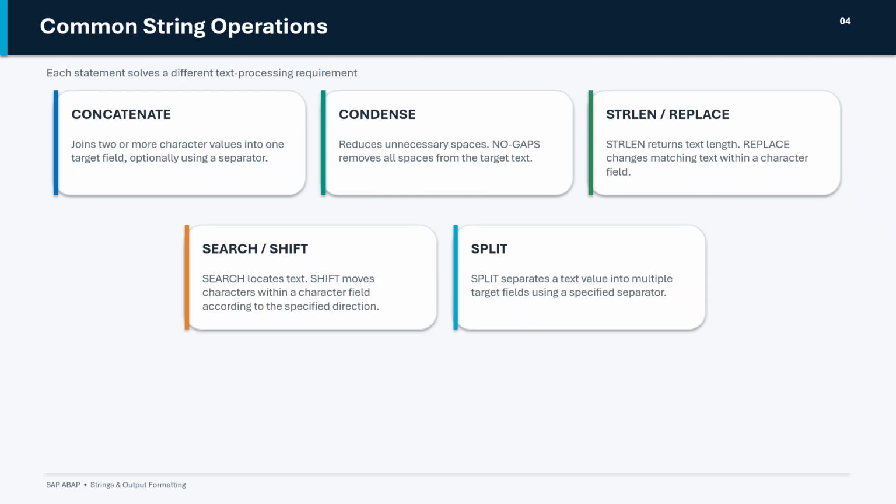Next, we'll discuss common string operations in ABAP, several statements and functions for working with text. First, concatenate is used to join two or more character values into a single target field. Second, condense is used to remove unnecessary spaces from character data.